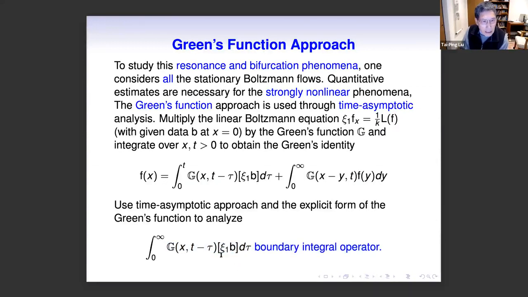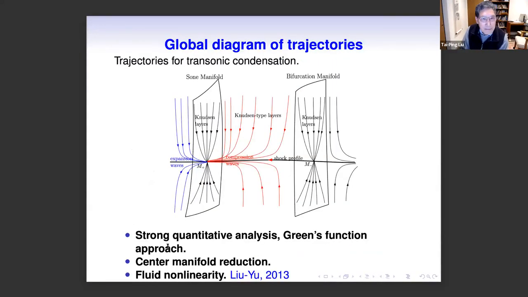This is helped by the explicit understanding of G. In any case, I will skip that because this is a very serious effort by Shixian and me, because it's based on the Green function.